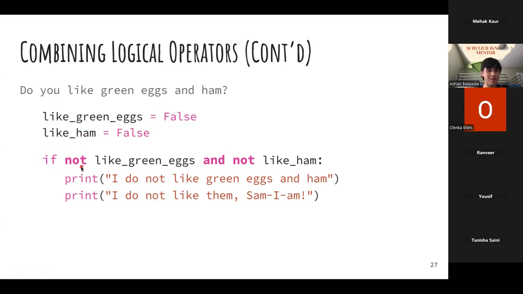If the person does not like green eggs and doesn't like ham, then you print does not like green eggs and ham, like what Dr. Seuss said, do not like them Sam I Am. This is particularly powerful because you could combine two questions into one if statement, basically.